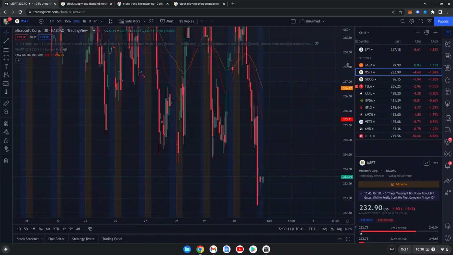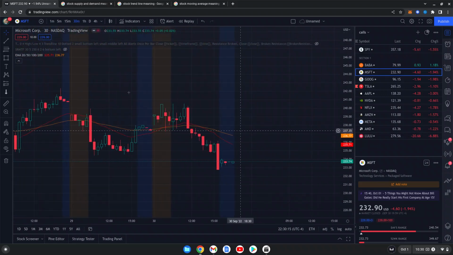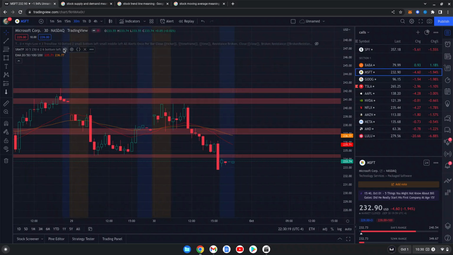So let's look at another example. We'll look at Microsoft. So we do the same thing every single time. We set our supply and demand levels. First, look at the hourly chart and see where the stock is going overall. So we look at our trend.